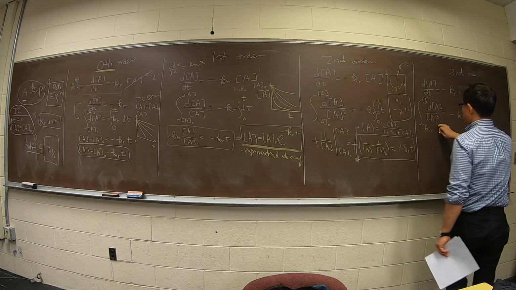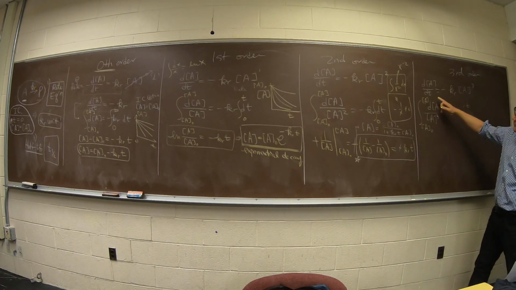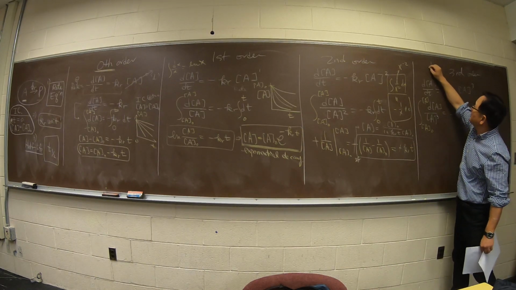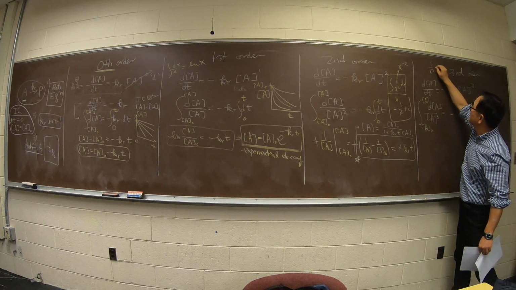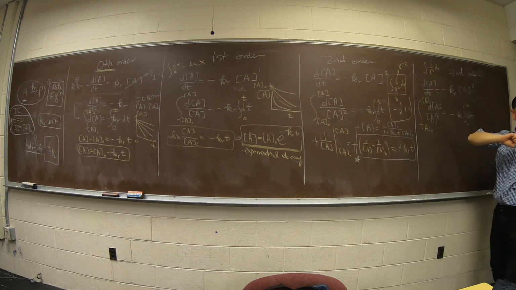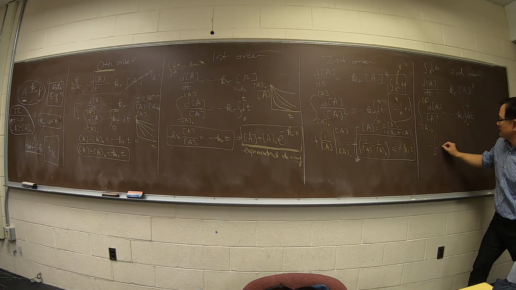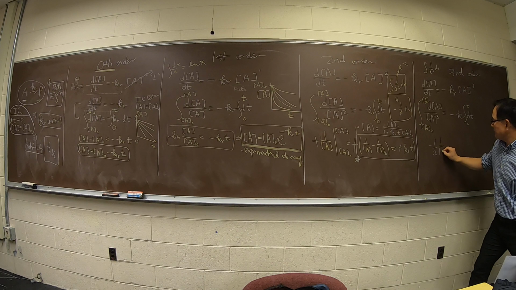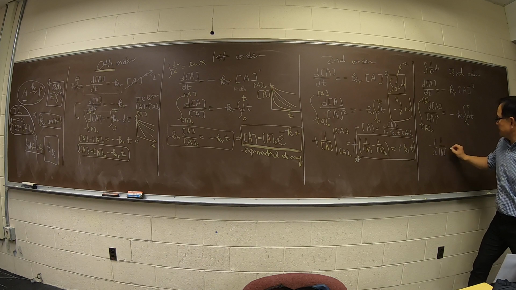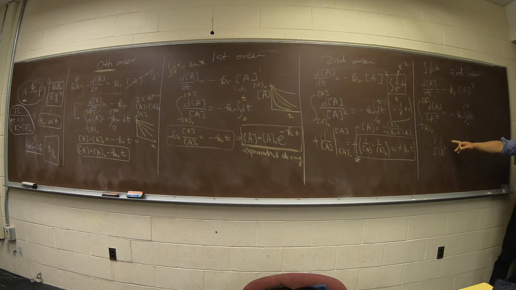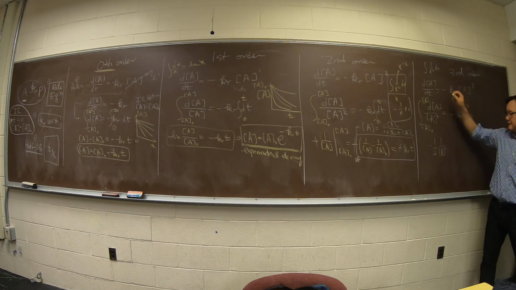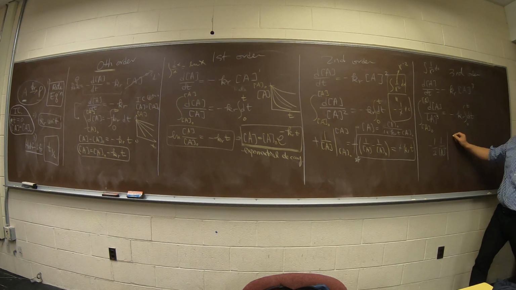But I like this form because it's much nicer and easy to understand. If you look at that, if you do the integration, this is nothing but the integration of 1 over x cubed dx, right? So therefore, it is minus 1 over 2, and then the A squared. So this is pretty much minus 1 over 2, 1 over x squared. And the difference is here, top is A, bottom is A naught.